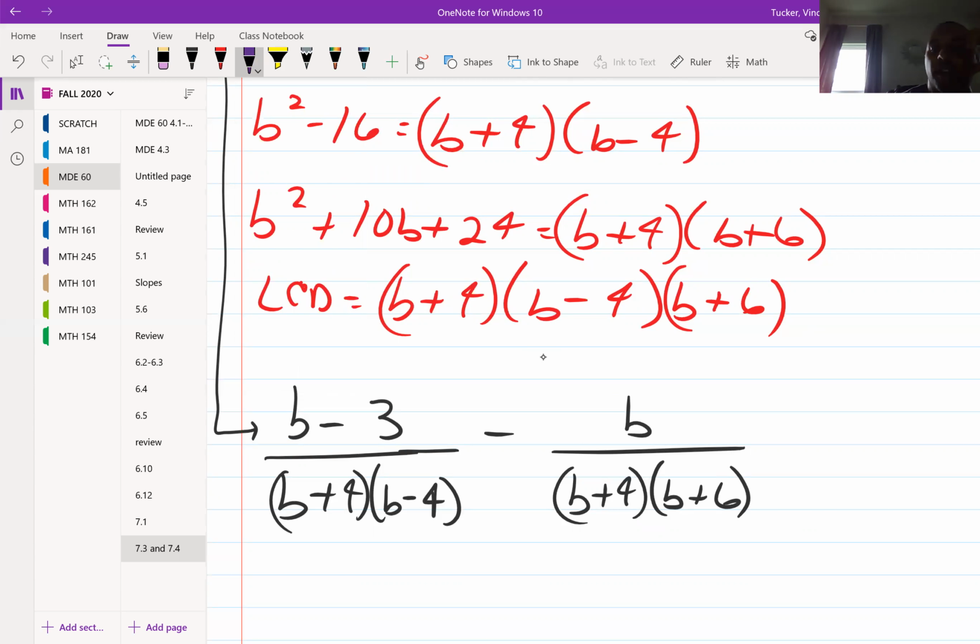I do not have b + 6. So I'm going to multiply top and bottom by b + 6. Looking at the second denominator, I have b + 4 and b + 6. I do not have b - 4. So I'll multiply top and bottom by b - 4.